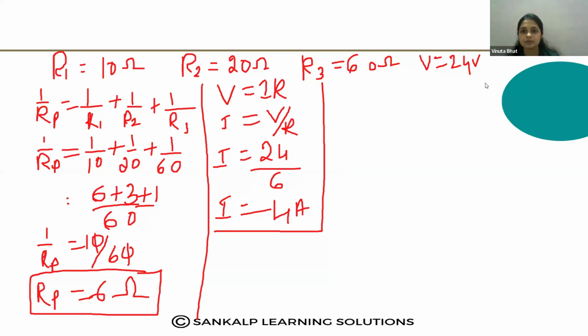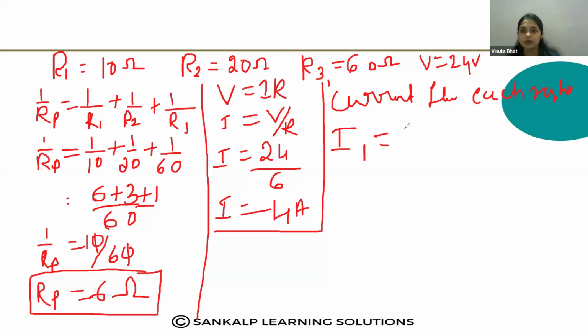Then the current flowing through each resistor, R1, R2 and R3. When it is connected in parallel, the current flowing through each resistor will be different, right? So the current flowing through the first resistor R1, I will take it as I1.